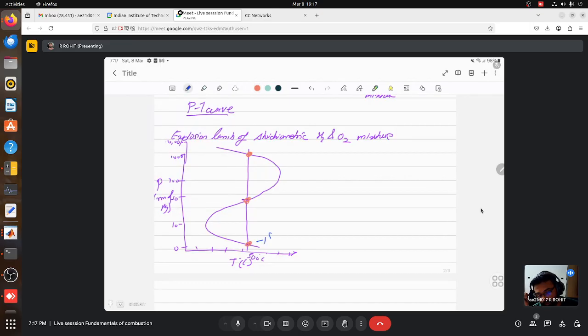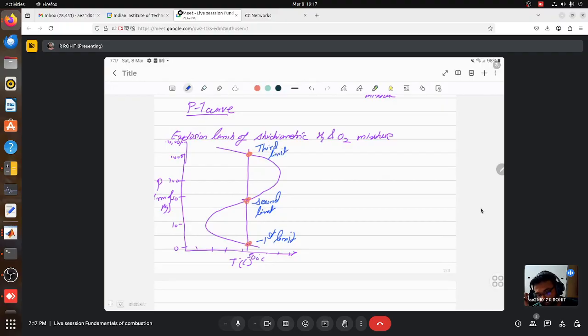So this was your first limit, and this was your second limit, and this was your third limit that you have.